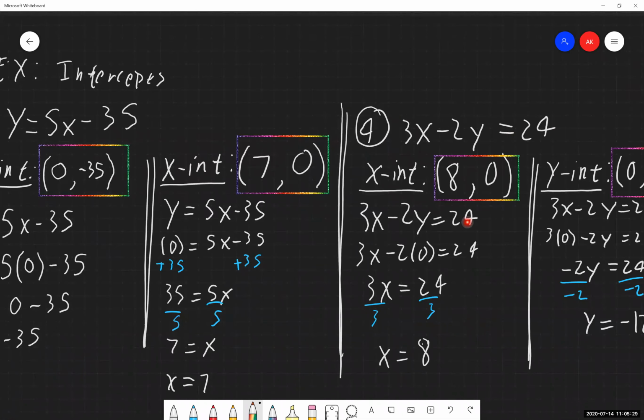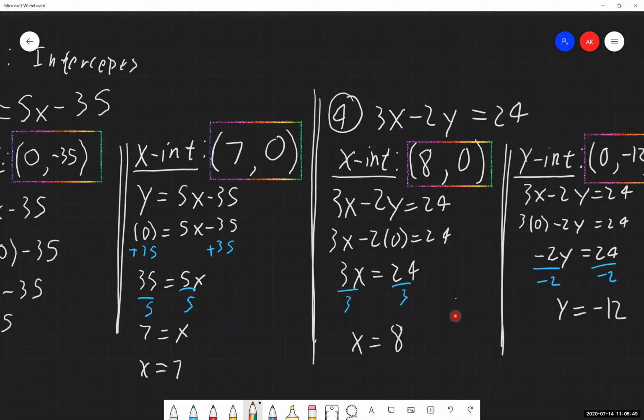We could have decimals in here. We could have fractions in here, positives, negatives, whatever. The numbers will be different, but again, the process is the exact same. So this is how we would go through and determine the intercepts algebraically.